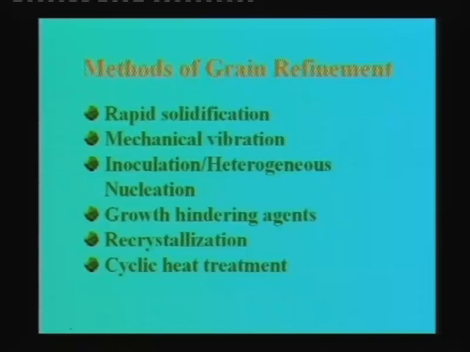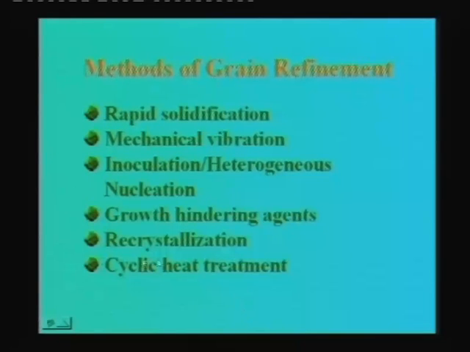These are all in the liquid state that we have talked about so far. One can also achieve fine grained structures in the solid state. Whenever I say fine grain sizes, we are talking of the solid state only, but the first three techniques are by controlling the solidification, whereas the last three techniques are in the solid state itself, on how to refine the grain size.